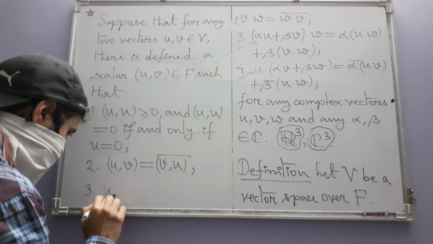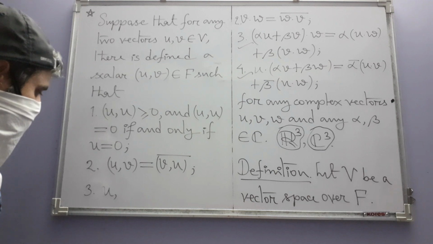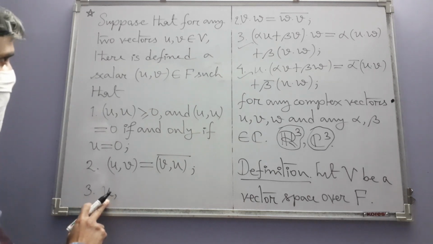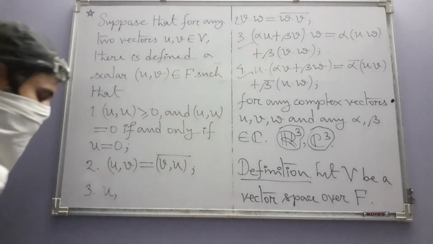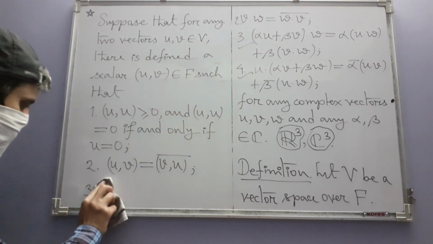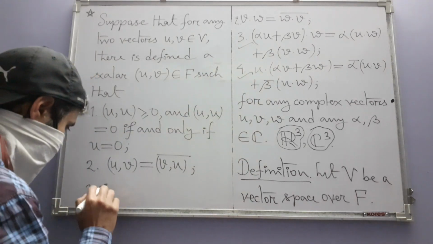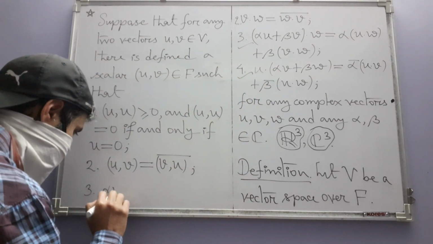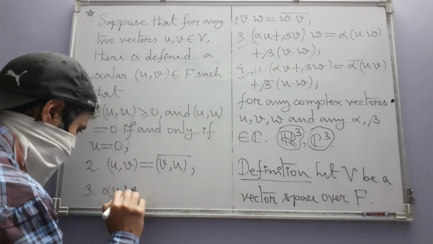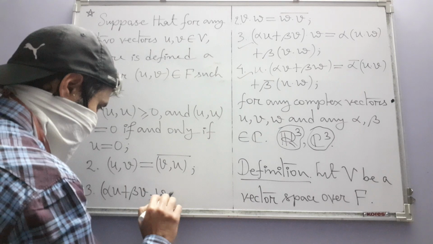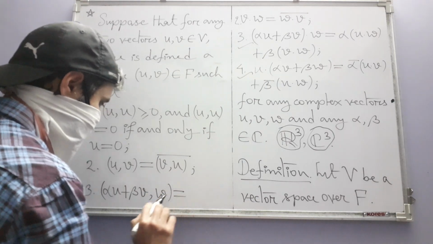Alpha u plus beta v comma w. Do not mess up the notation.